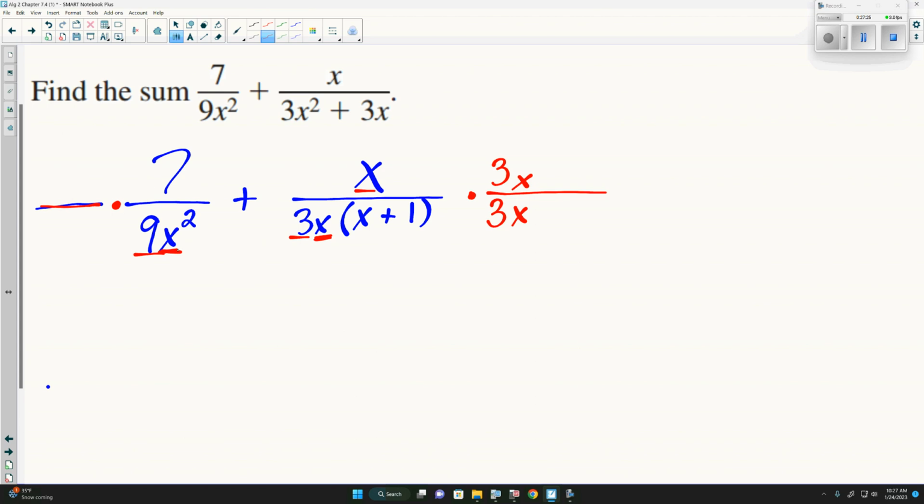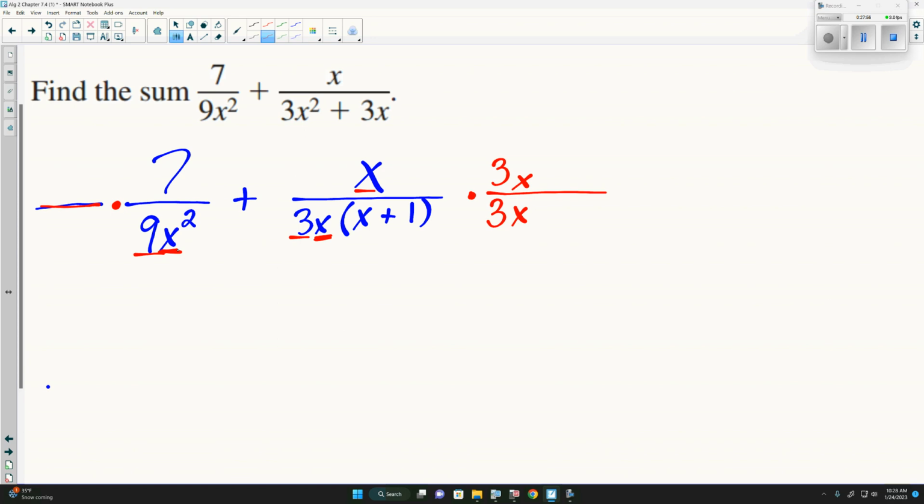But if I look over here on the left, I have an x squared, yes? Which means the one on the right is going to have an x squared, yes? So we could reduce it, but then we're going to have to multiply it back in. Does that make sense? If this had just been 9x, we don't have to do anything anyway. So sometimes it's helpful to reduce, sometimes it's not. I would wait till after we multiply. Does that make sense?